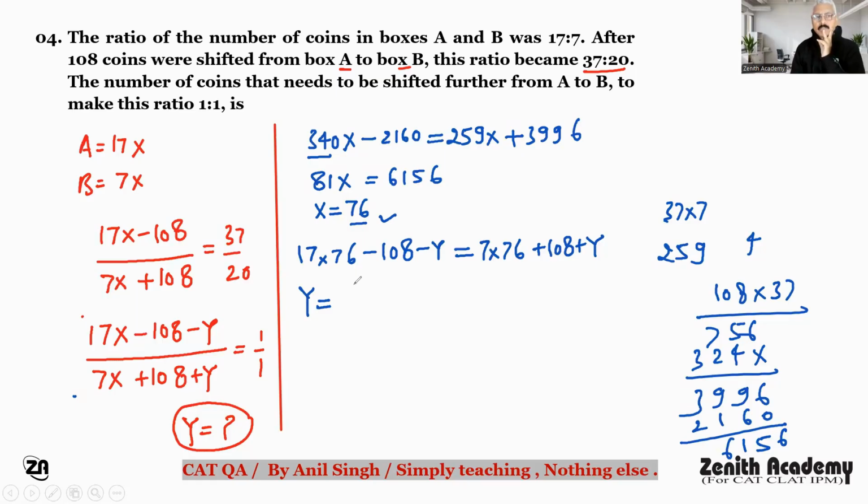17 into 76 and 7 into 76. So 17 into 76 minus 7 into 76 is going to be 10 into 76.